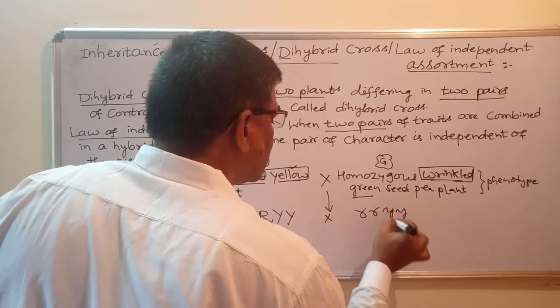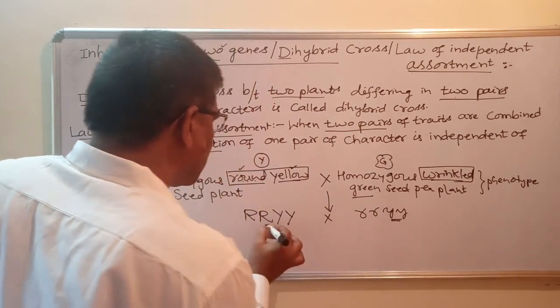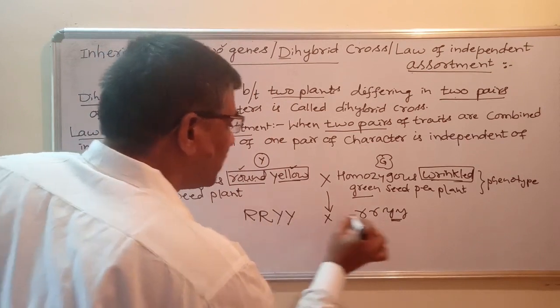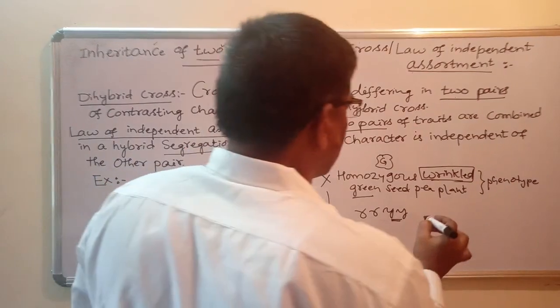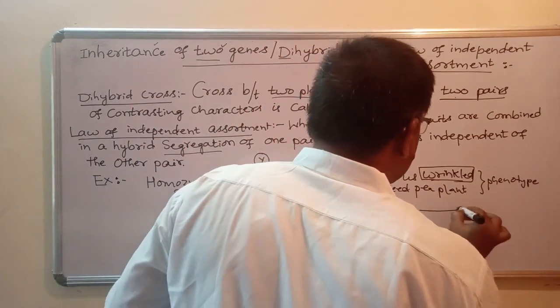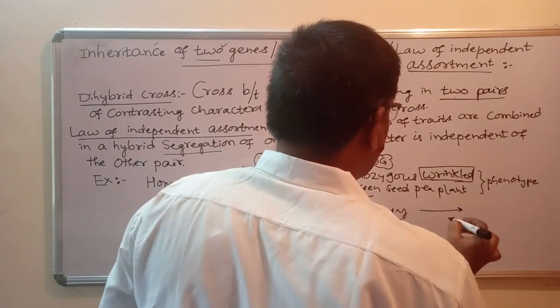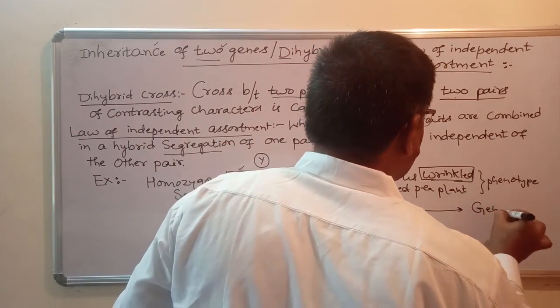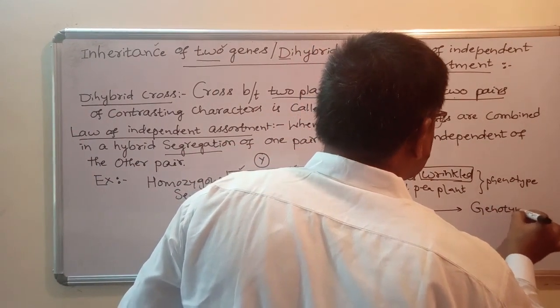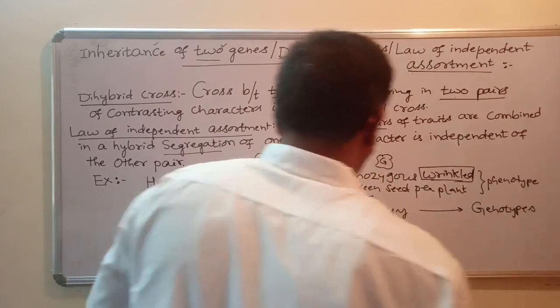Why do we take these small letters? Because whatever capital letter we have taken, the corresponding small letter has to be taken for the recessive character. Written out alphabetically, it becomes the genotype of the parents.